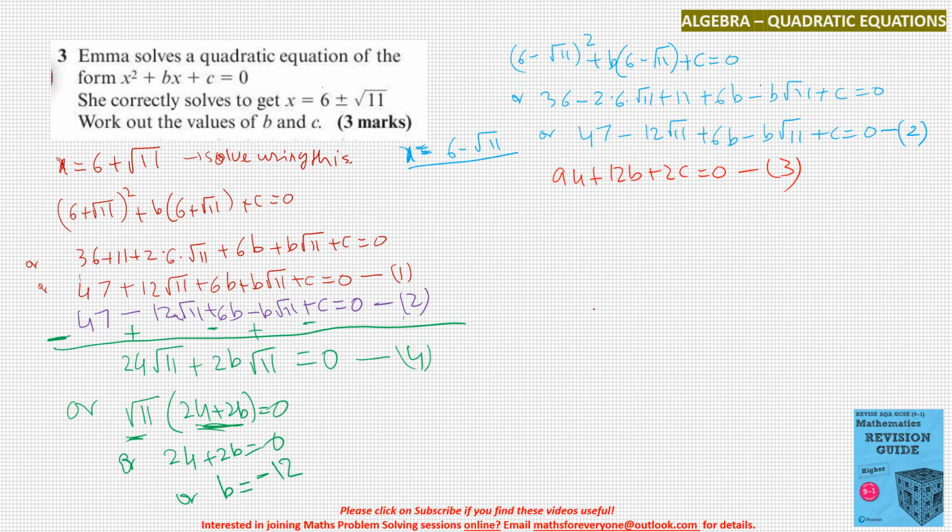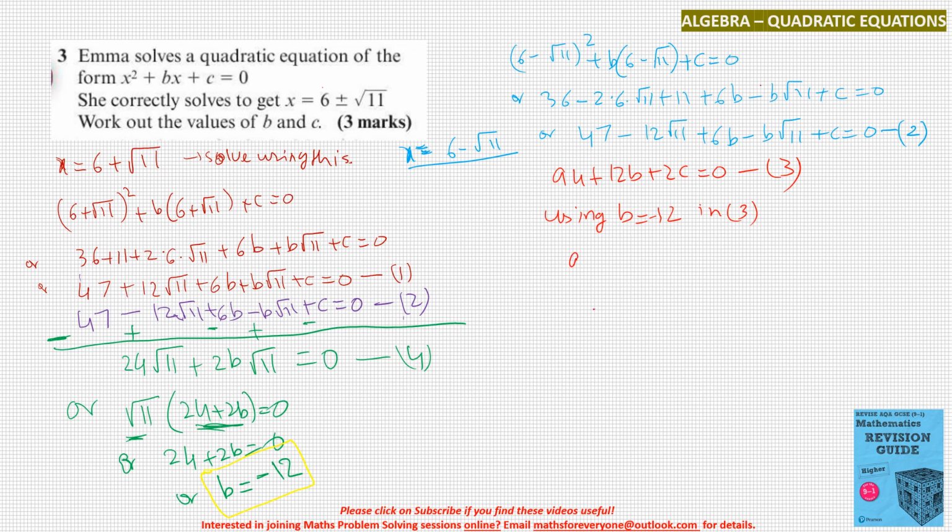So this is my answer for b. So this value of b I can put in 3, using b equals minus 12 in 3.